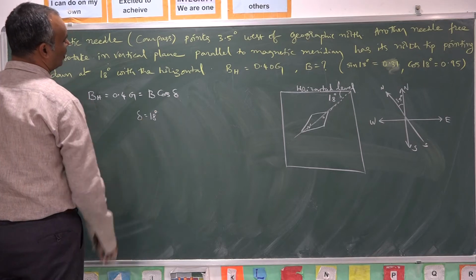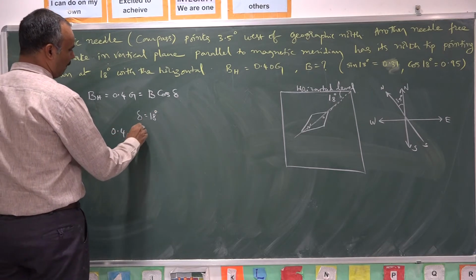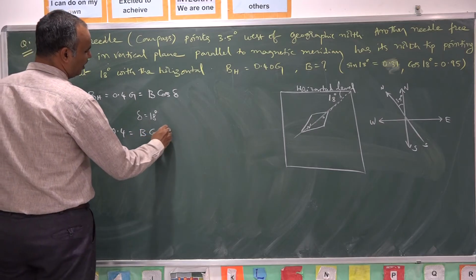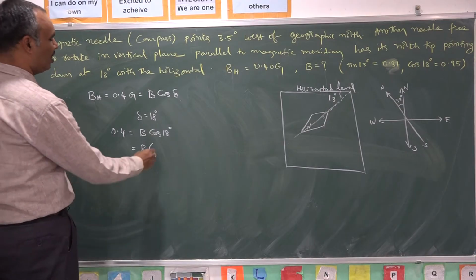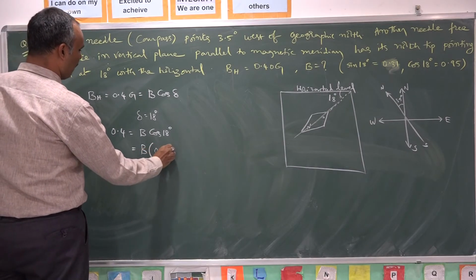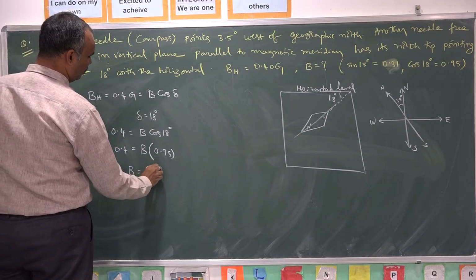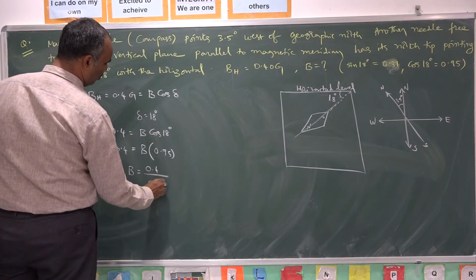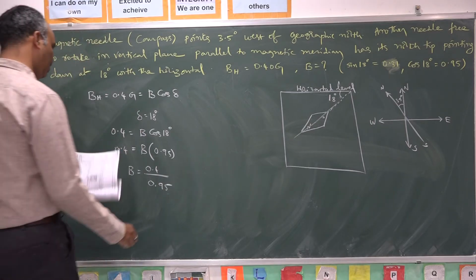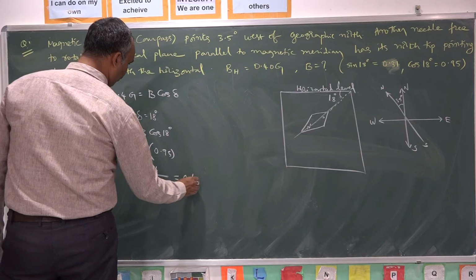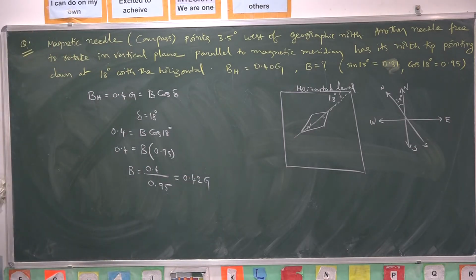If angle of dip is 18 degrees, then 0.4 is equal to B cos 18 degrees. B into cos 18, whose value they gave as 0.95, is equal to 0.4. Then B is equal to 0.4 by 0.95, that is 0.42 Gauss. So this is the solution for the question.